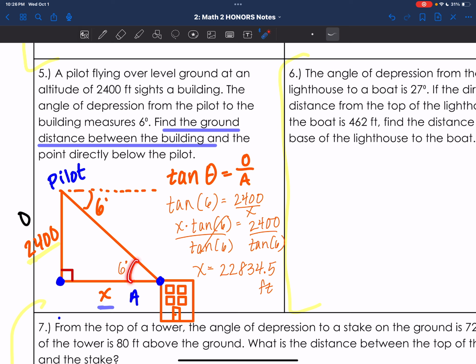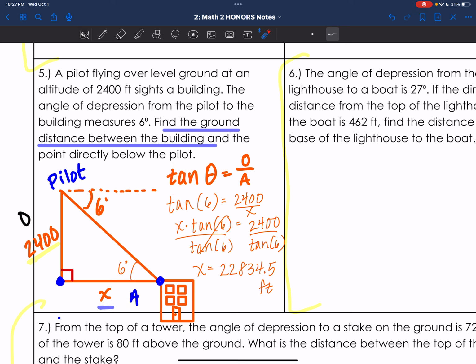Now that we know we can use this, we know that this is opposite, and this is adjacent, and we're finding the ground distance between the building and the point directly below the pilot. So here's the building, and here's the point directly below. We're just finding, to get from here to here, what is it? In this case, we have opposite and adjacent, which is tangent, and it gave us the angle.